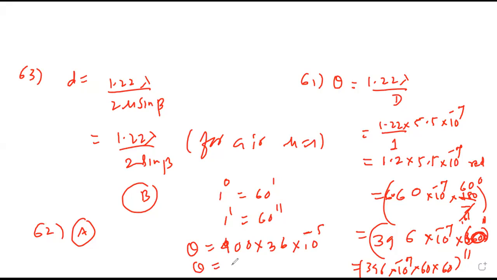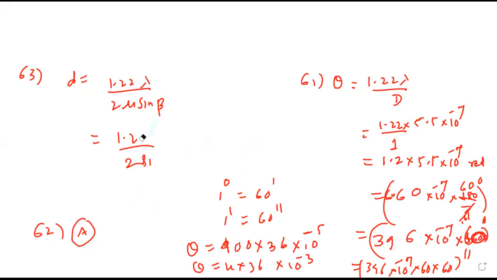That means you can take 4 into 36 into 10 raised to minus 3. 4 into 6, 24. 4 into 3, 12. So 144.